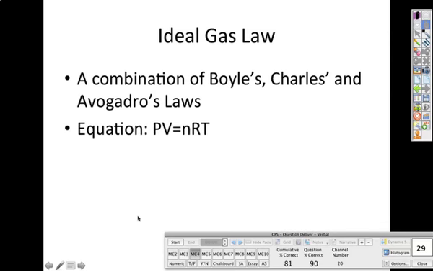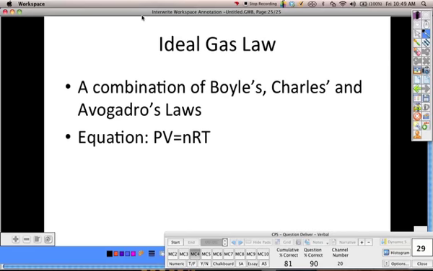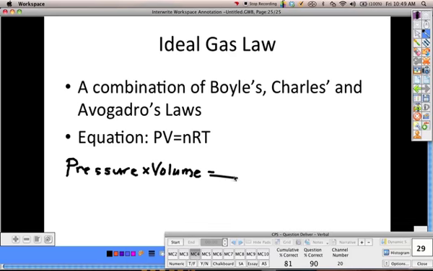Okay, the equation for our ideal gas law is PV is equal to nRT. P stands for pressure, so pressure times V, which is volume, is equal to N, which we said is a weird way of saying moles, times R, which we're going to talk about in a second, times temperature.